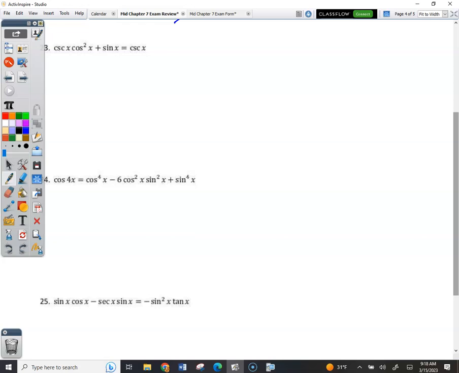Do I want to do 1 plus 3? I don't want to do 1 plus 3 because I can't evaluate 3x, right? I want to do 2 plus 2. So I'm going to take the left-hand side, cosine 4x, and rewrite that as cosine of 2x plus 2x because I have double angle formulas.